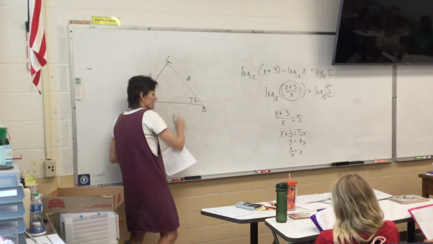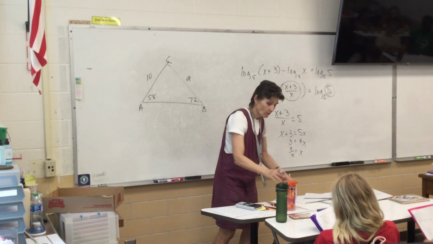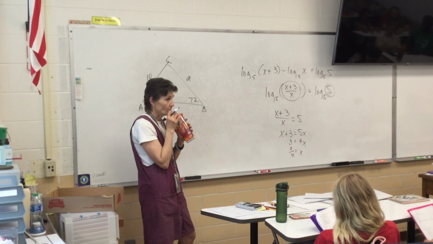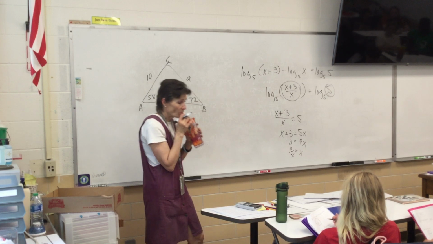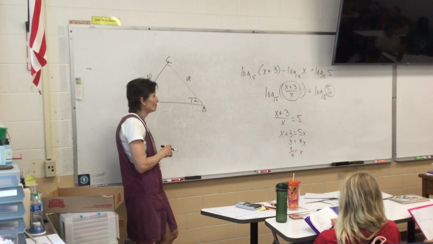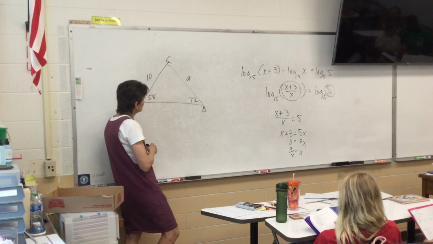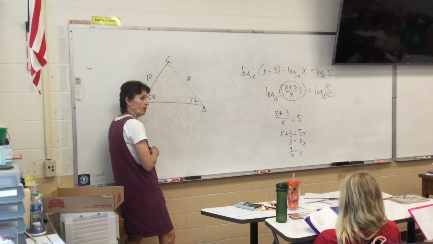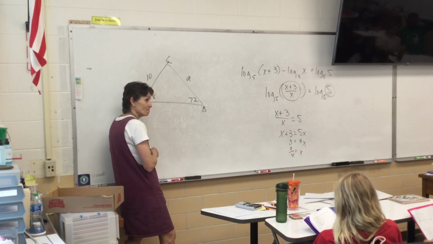And we are finding side A. All right. What's your thought? I forget if it's sine or not, but there's a bit with the sines of both the angles. We call it the law of sines.